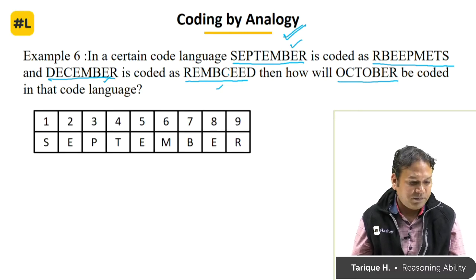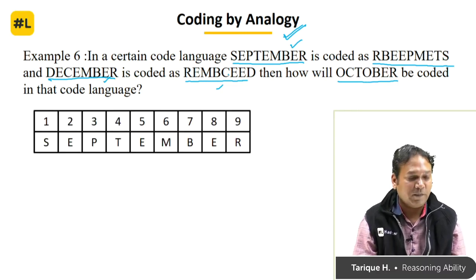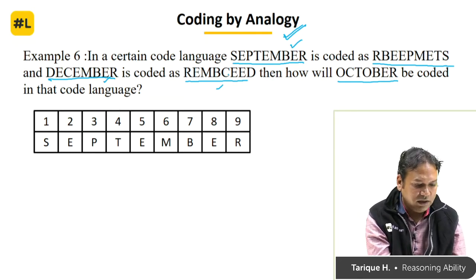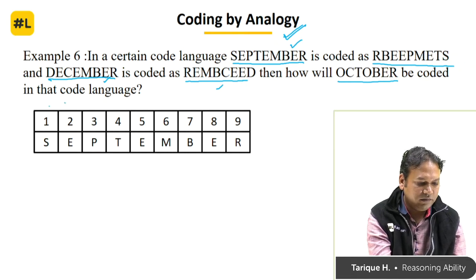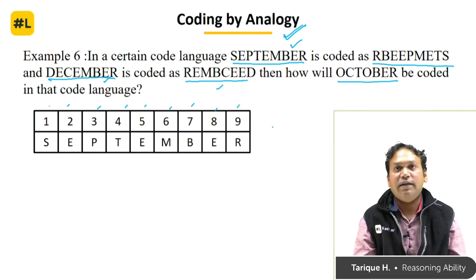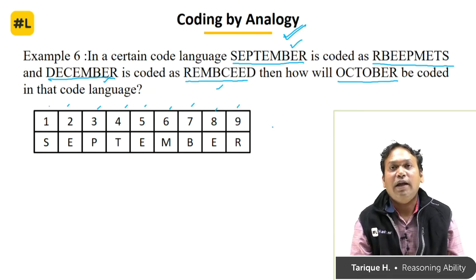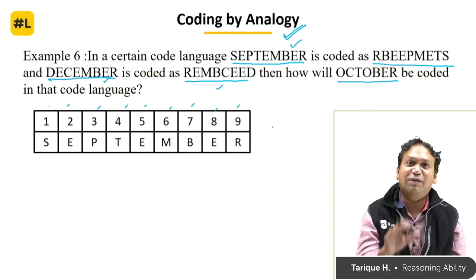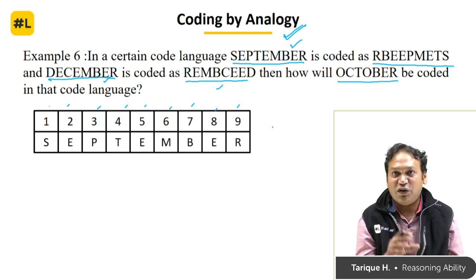So if you see here, let's observe carefully what is happening. First count here the number of letters: 1, 2, 3, 4, 5, 6, 7, 8, 9. 9 letters are there in the name of the month September. Now do you see here that September is also the 9th month of the year? So this is also trivia for you.